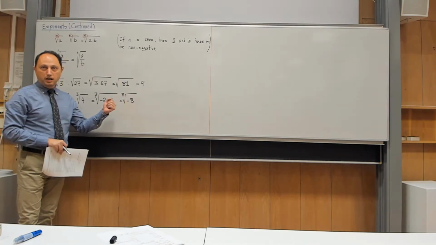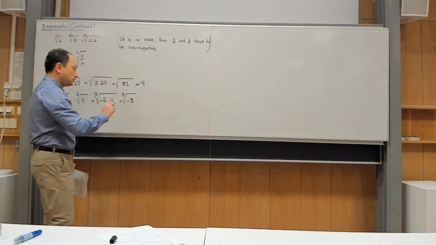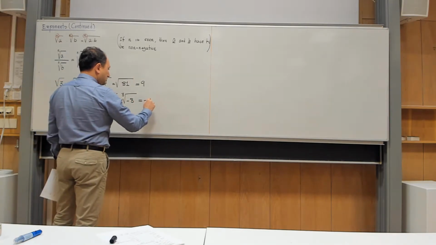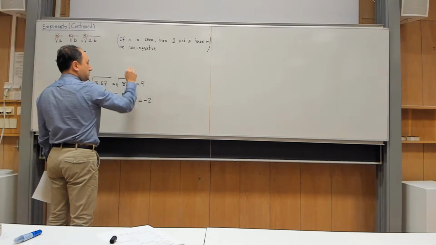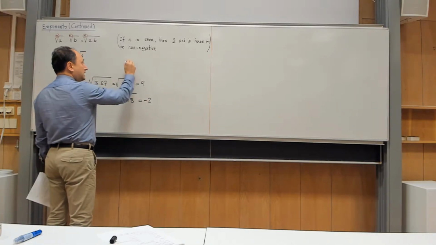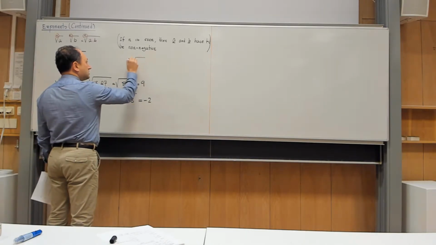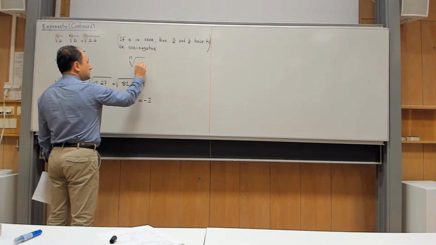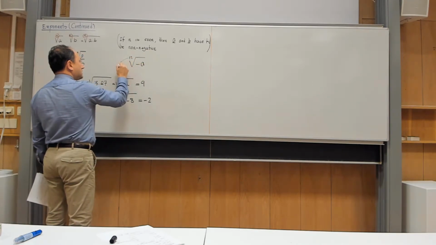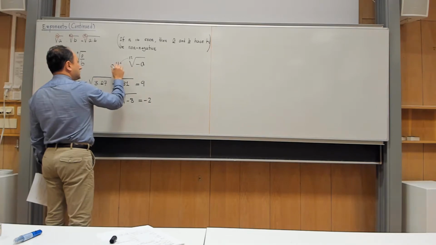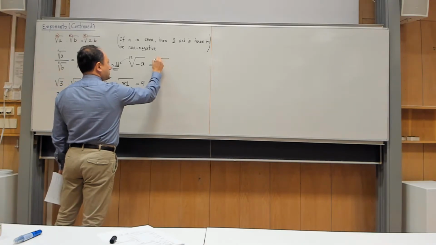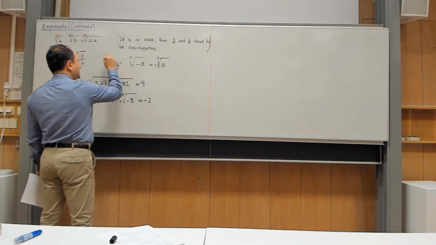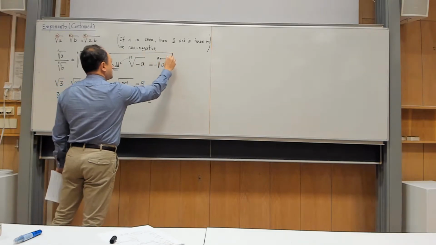The answer is -2. Yes? So it's -2. But of course, I want you to know this, even though that's completely okay. If I have this and I have a negative sign here, and this is odd, then I can pull the negative sign out if I want to. We already discussed these things, so let me just remind you.